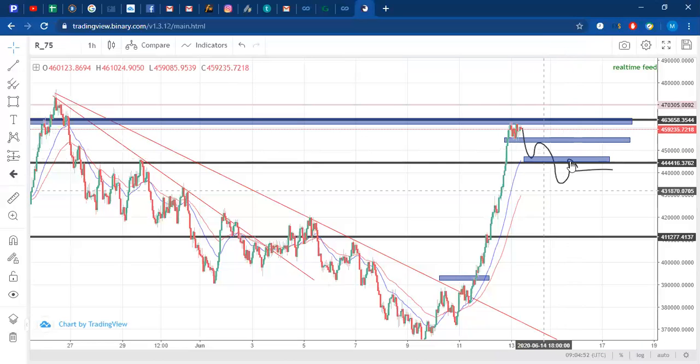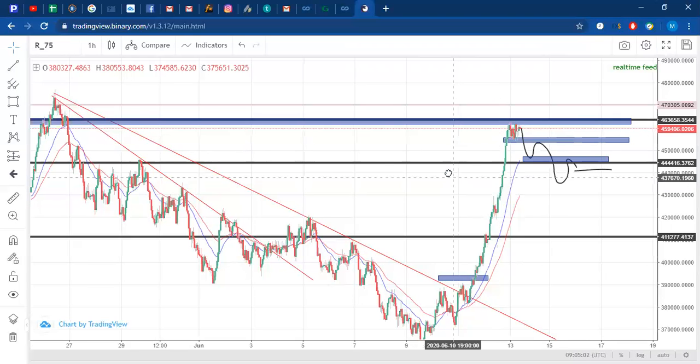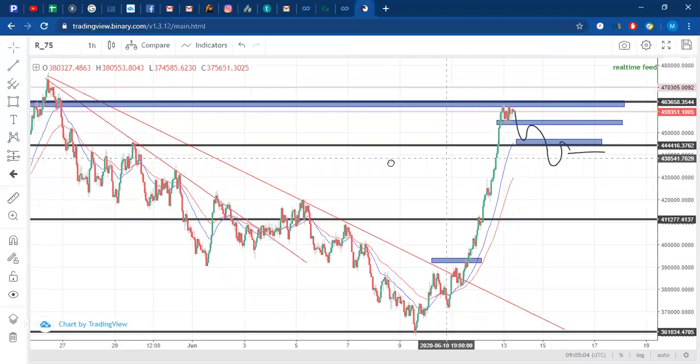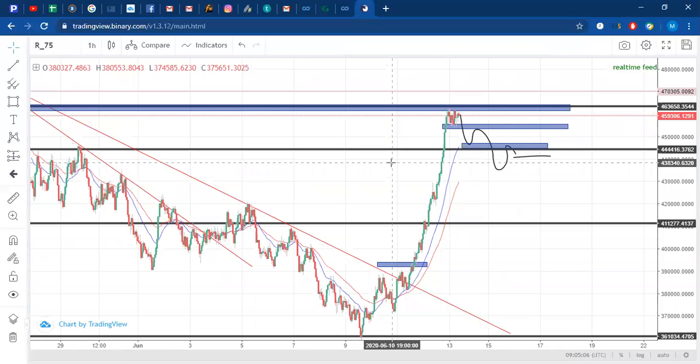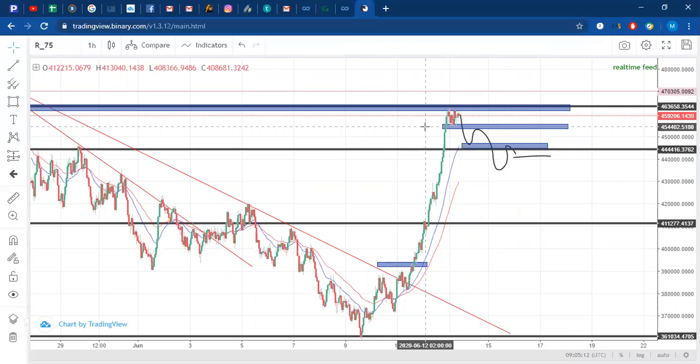Probably before it gets to this low here, the moving average must have crossed to a sell. But for now, no, I am just neutral. My bias is neutral on this one. I'm not on the sell, I'm not on the buy. I'm just chilling and looking at the charts to see what happens.